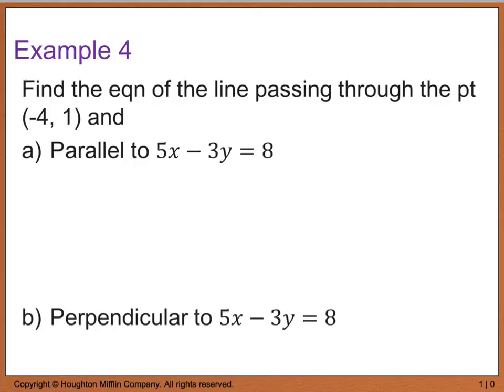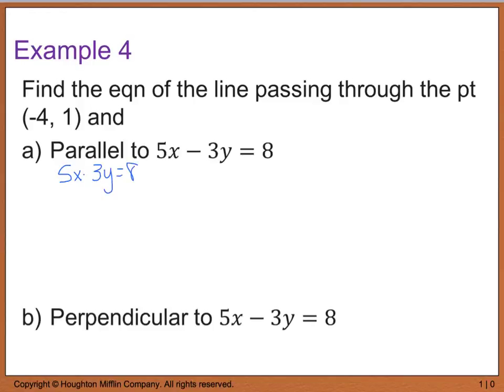So example 4 says to find the equation of the line passing through the point (-4, 1) and that is parallel to 5x minus 3y equals 8. Well, the first thing I'm going to do is get this equation in slope-intercept form. So we have 5x minus 3y equals 8.